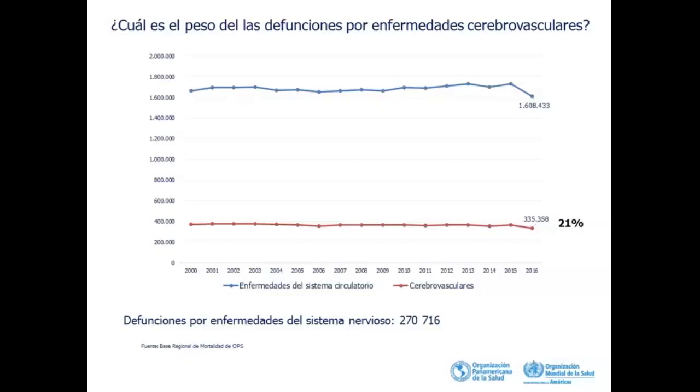So I'm taking that group that goes to another chapter. If we continue to manage the structure of ICD-10, the chapter would lose this group of causes. And which chapter is it supposed to go to? The nervous system. In the region, just to give you an idea, in 2016 we have more deaths due to cerebrovascular than all deaths in that chapter, but I insist it is with ICD-10.